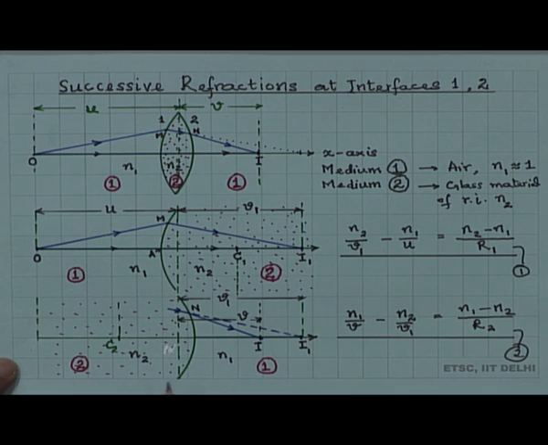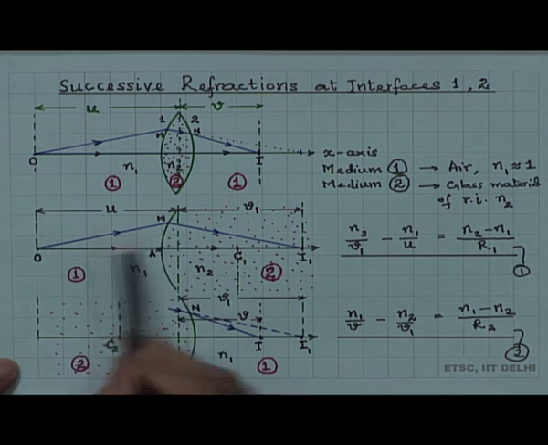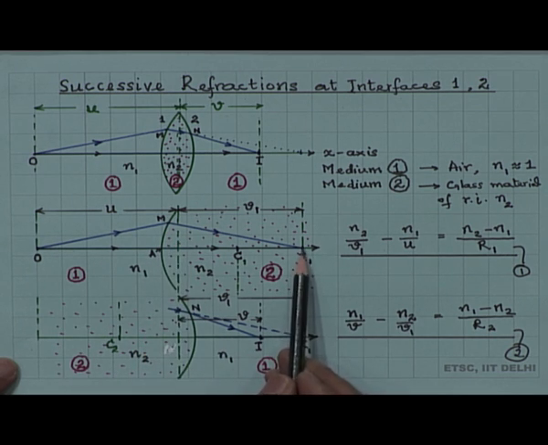In other words, now this is the first medium and this is the second medium, and therefore, we write the same equation for refraction at this interface. If the second interface were not there, the object would have formed an image here, I1, but because of the second refraction at the second interface, the actual image is formed here. Otherwise, it would have formed at I1 here, in the same line.